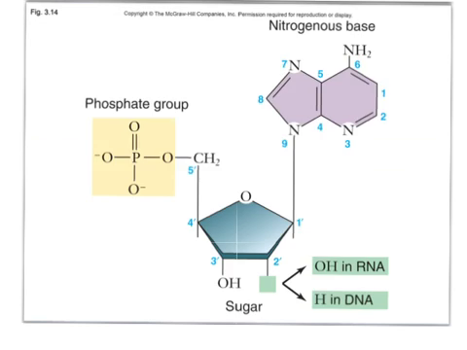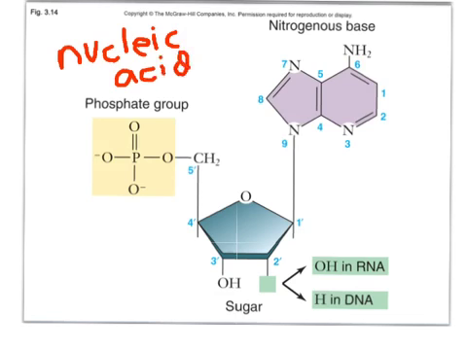Okay, what is this? You have your nitrogenous base, phosphate group, and you have your sugar. This is a nucleic acid. Or I should say, this particular one is a monomer of a nucleic acid. And nucleic acids are made of nucleotides.